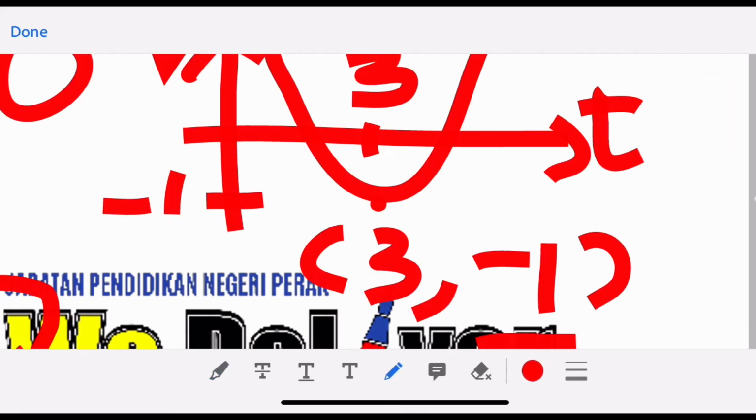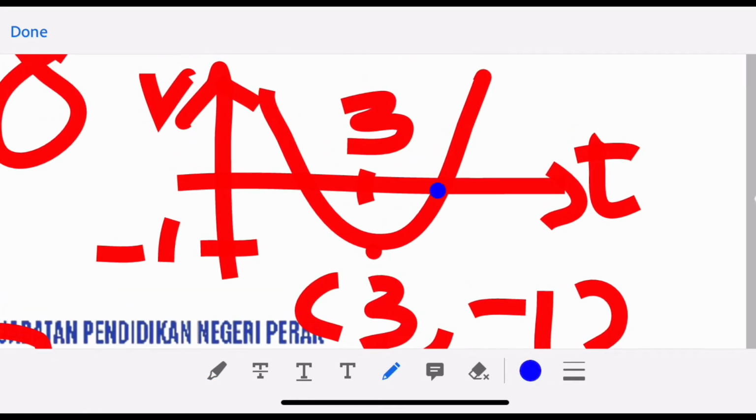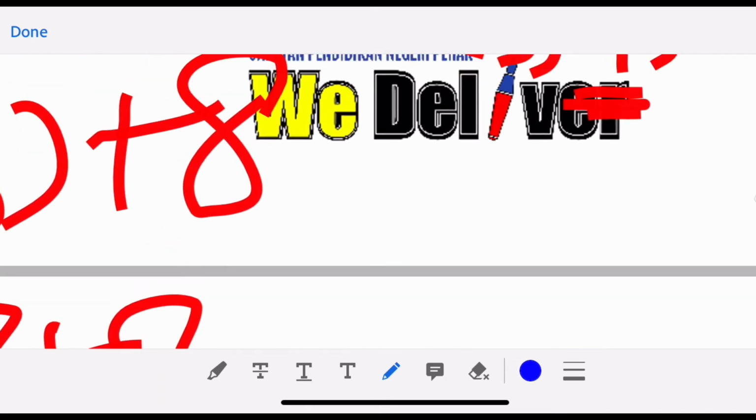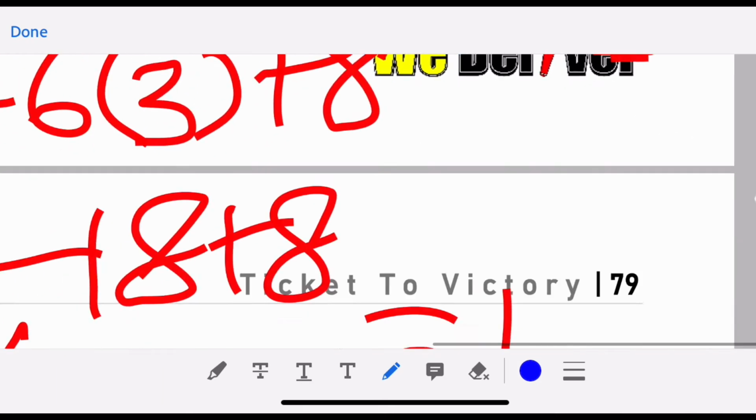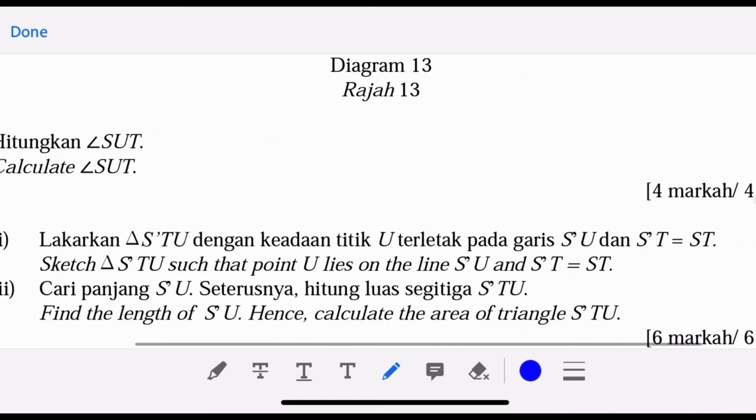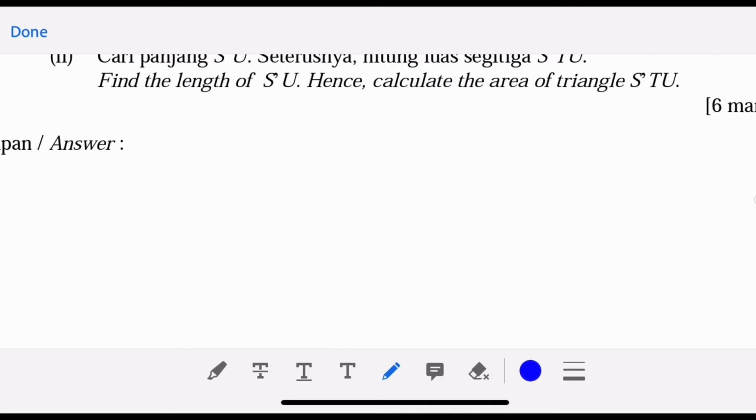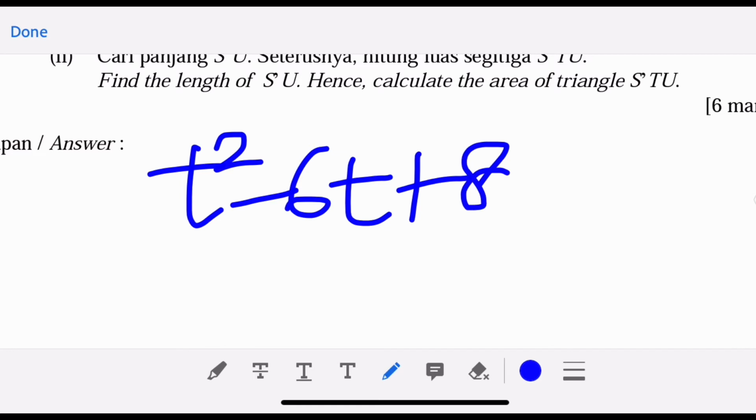So that means if the particle moves to the right, it means that the velocity must be positive, right? So we need to find this and this. That means we must let velocity be positive, more than 0. So t squared minus 6t plus 8 is more than 0.